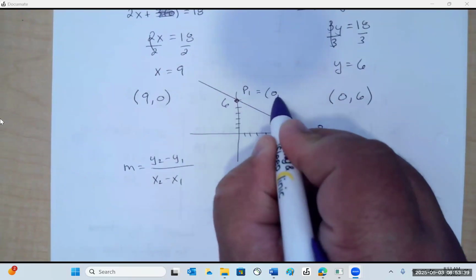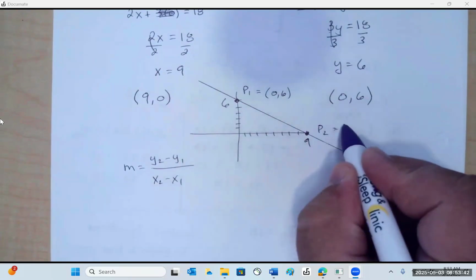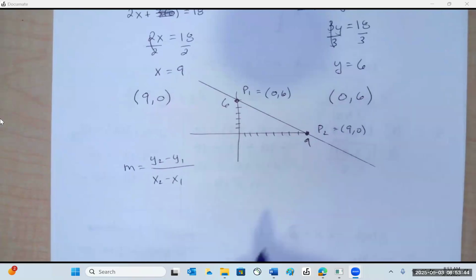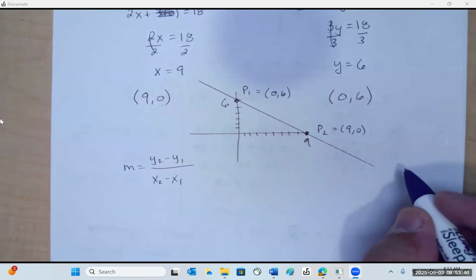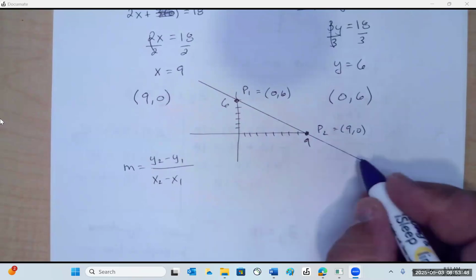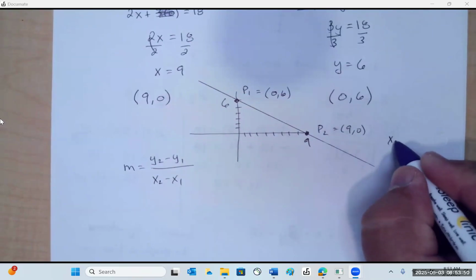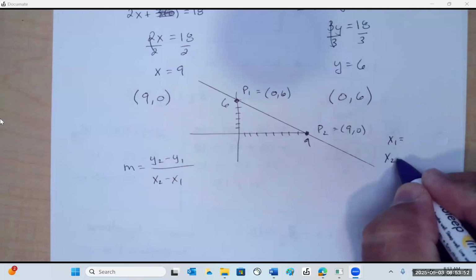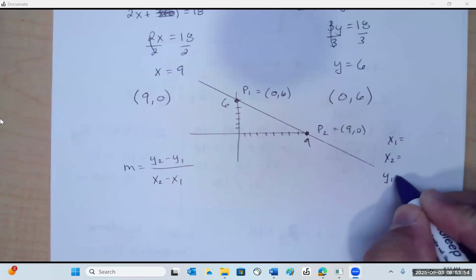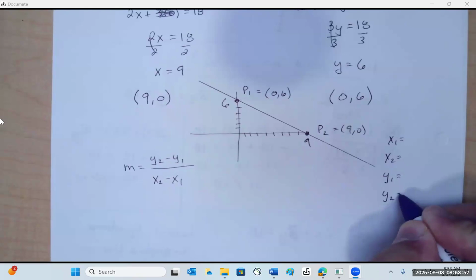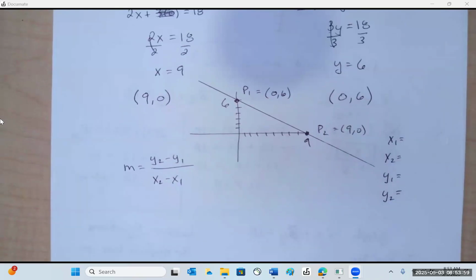This is at 0, comma 6. This one's at 9, comma 0. So the first thing I have to do is label x1, x2, y1, y2. Get in the habit of labeling your points first, instead of just throwing them into the equation.